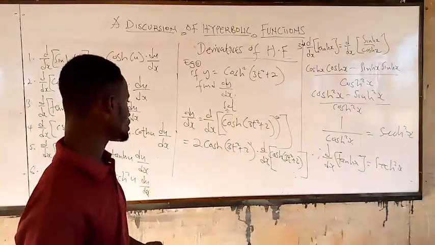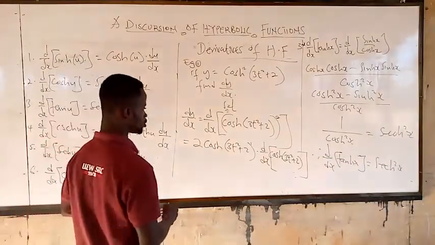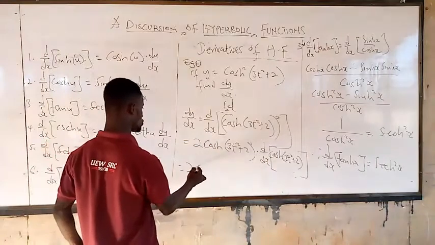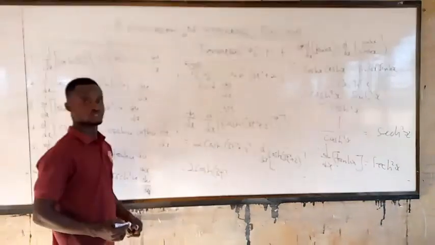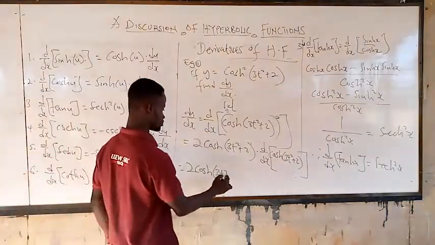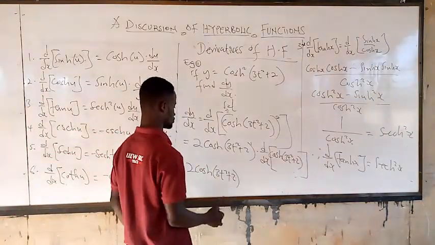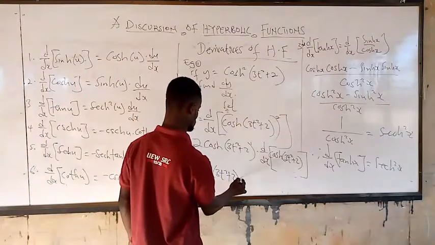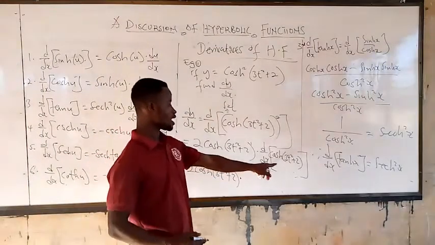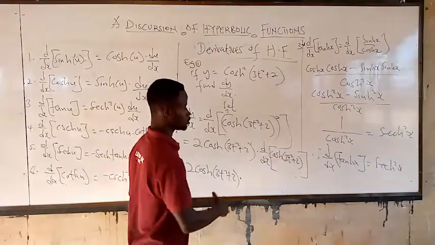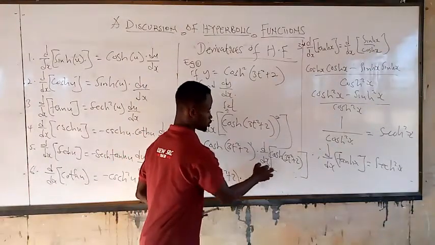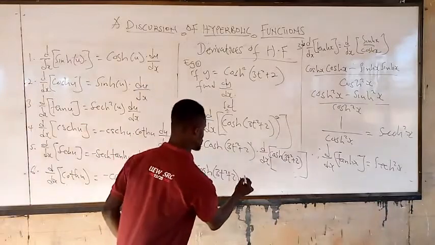Let's continue and see what that is going to give us. So the whole of this will repeat. And if you want to differentiate this one, to differentiate cos, you get what? Sinh.